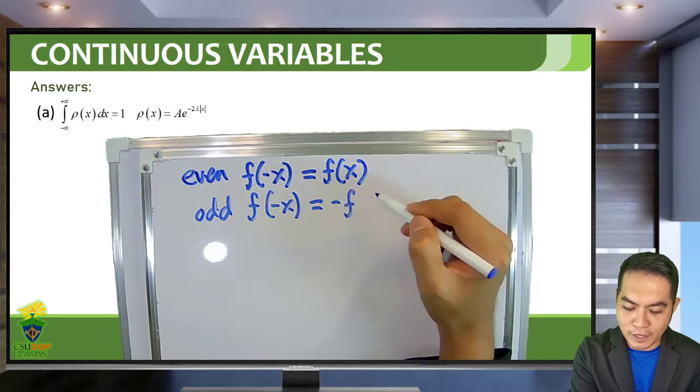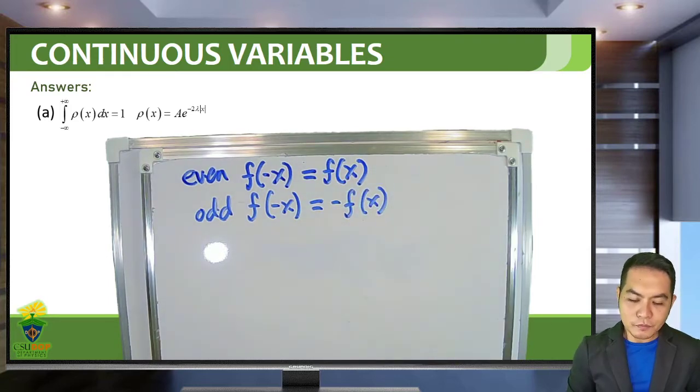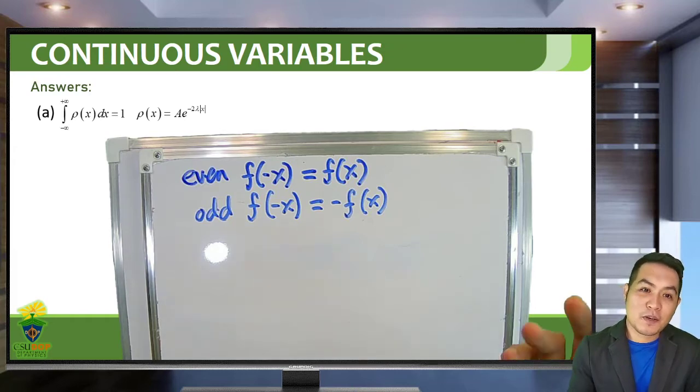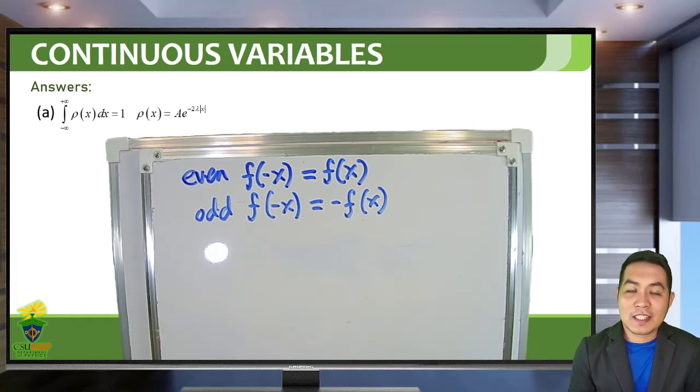For instance, x is odd, because if I replace x by negative x, it becomes negative x. X squared is even, because if you replace x by negative x and square it, it just becomes x squared. X cubed is odd, x to the fourth is even, and so on. The sine function is odd, the cosine function is even.